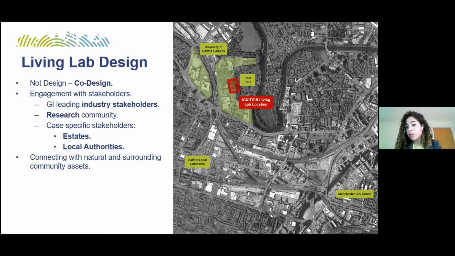For example, within the University of Salford, as an academic entity, we had to take into consideration the estate's point of view as the main operator of the campus, because this is a retrofitted facility, and the local authorities as well.